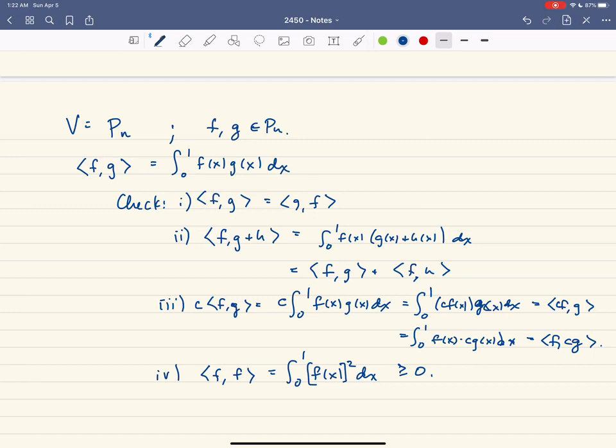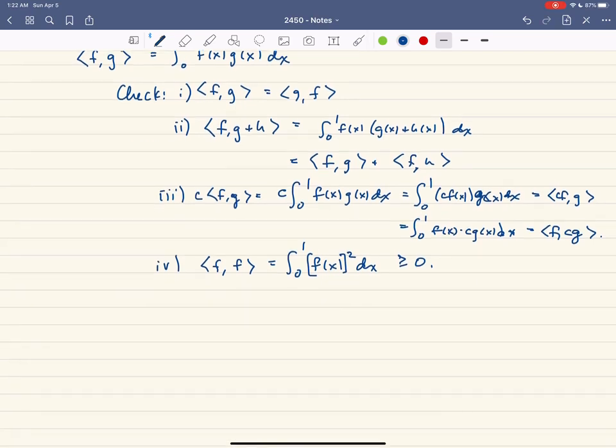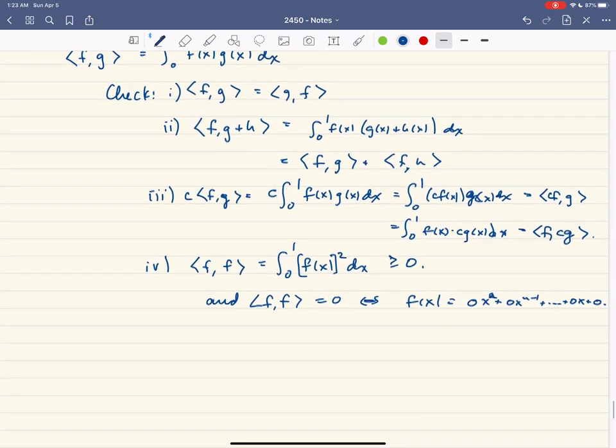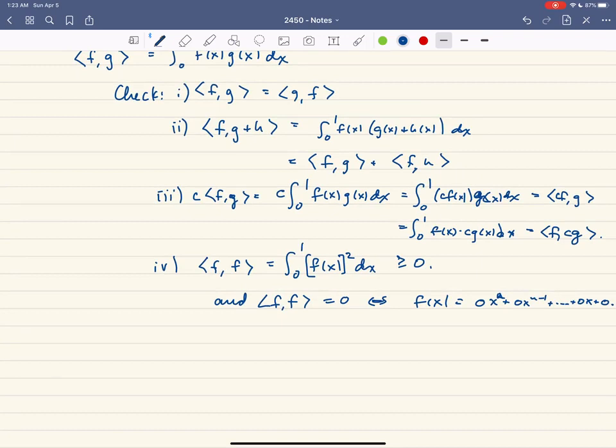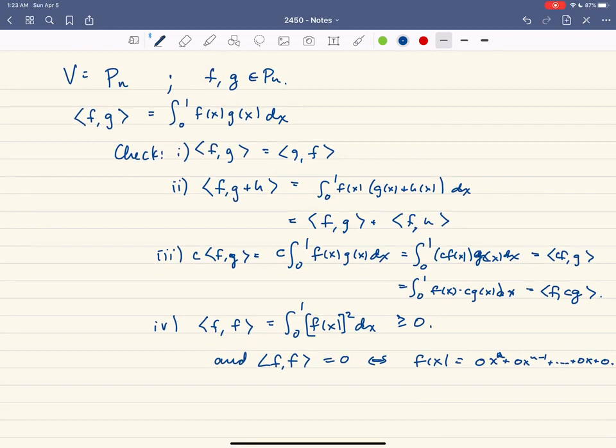Moreover, this integral is equal to 0 if and only if f is the 0 vector, that is, the 0 polynomial: 0x to the n, 0x to the n minus 1, all the way down to 0. So this really is an inner product space.